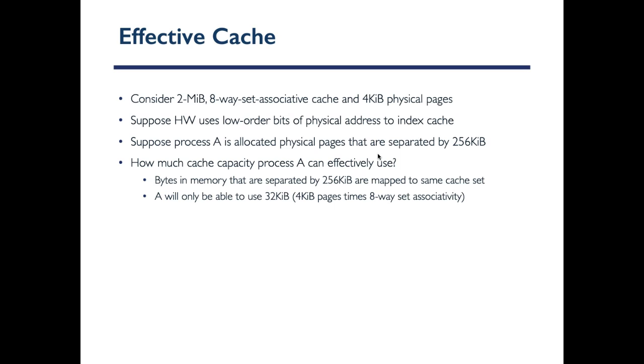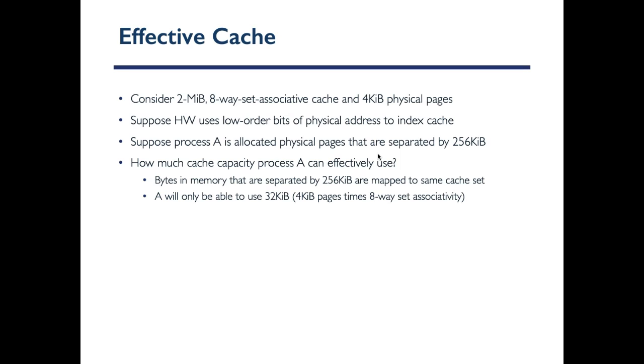So at most, you can keep 32 kilobyte of data associated to process A, because after that, every incoming page will have to evict another page, because all of them are mapped to the same set, and this set has only 8 ways. So basically, they're going to just compete for those 8, and once it's full, they're going to evict each other.